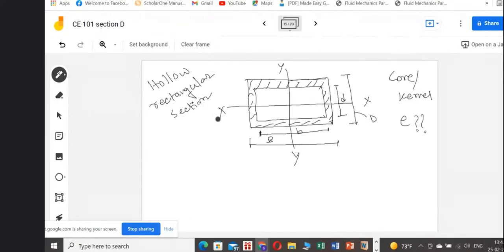One by six of what? Then ahead, capital BD cube minus small bd cube upon b, just one minute. One by six, then capital BD cube minus small bd cube, okay, upon b. Here the bracket ends.